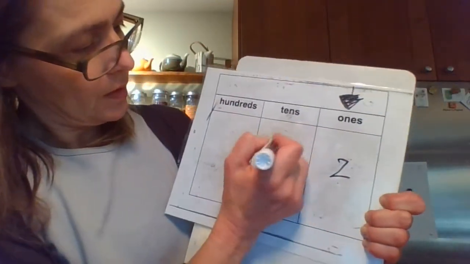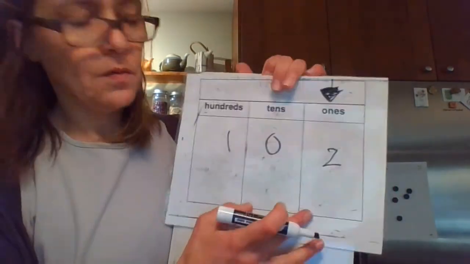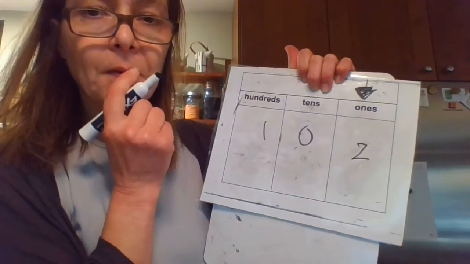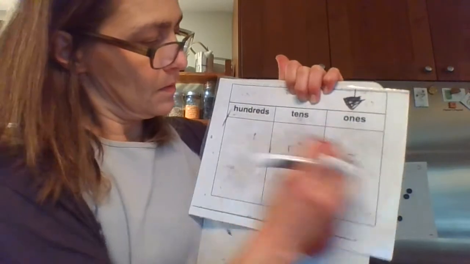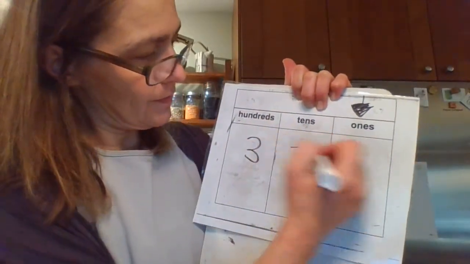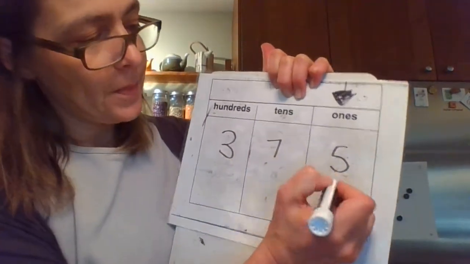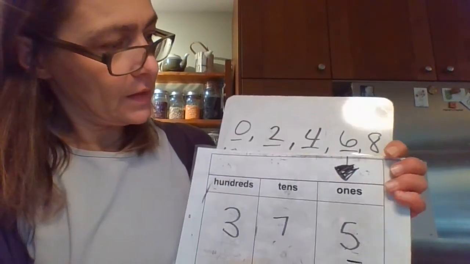So 102. 102 is an even number. 375 is not an even number because that isn't one of these: 2, 4, 6, and 8.